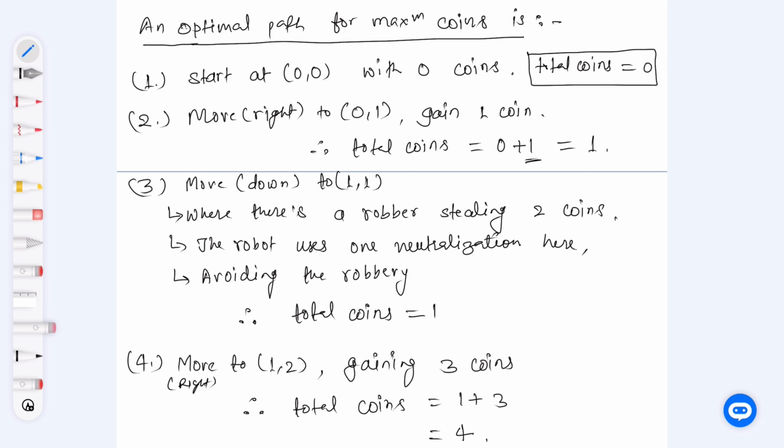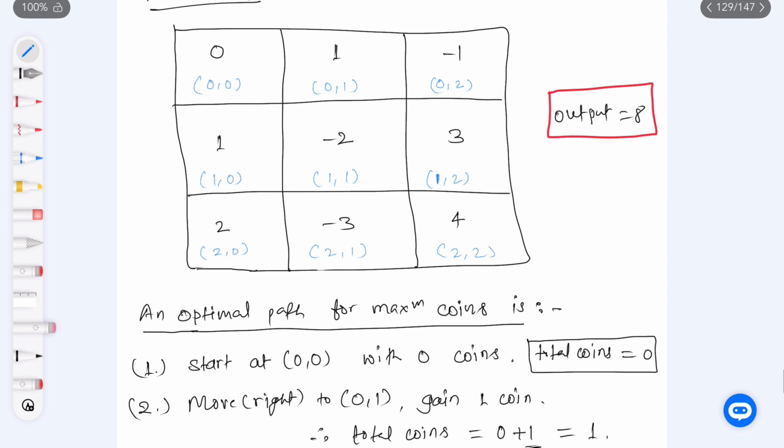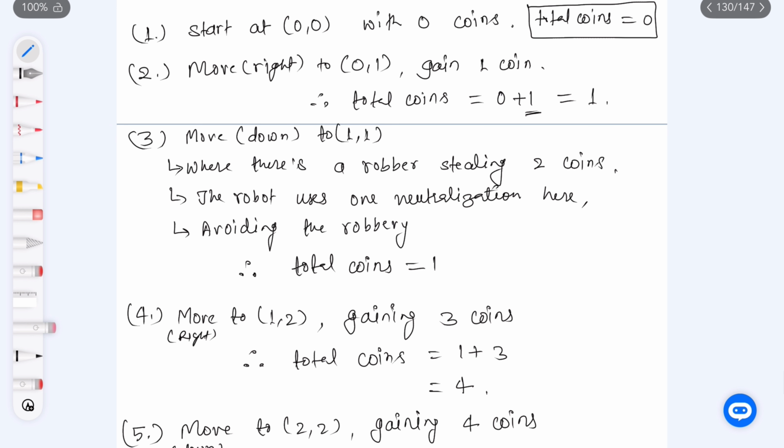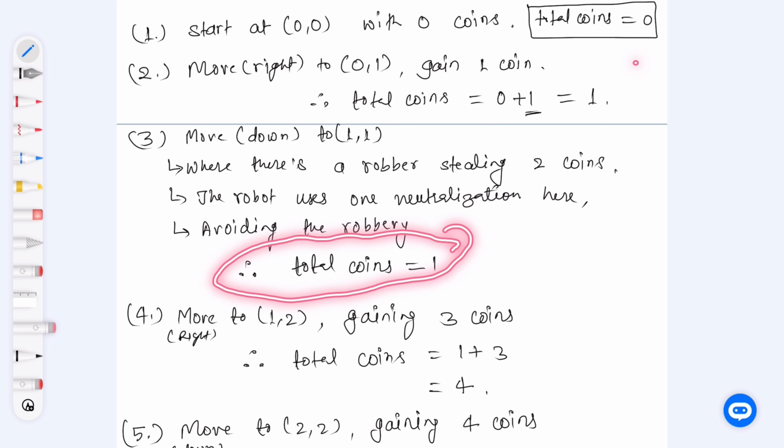These coins will not be stolen by the robber, so the robbery will not happen, and the cell is marked as 0 because it has been neutralized. Once neutralized, the value becomes 0. So the total coins earned is still the previous one only, it remains the same, no addition, no gains. Next we will move to 1 2.